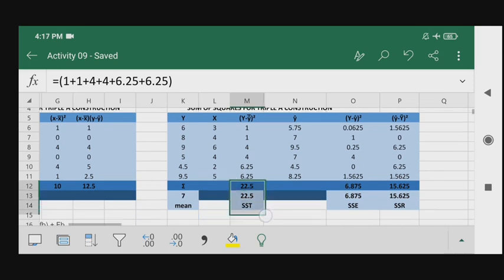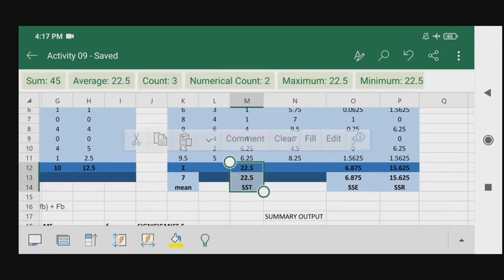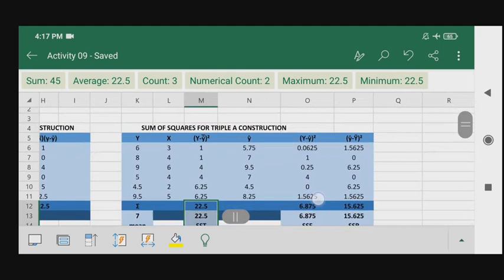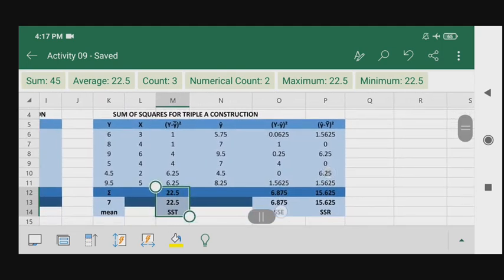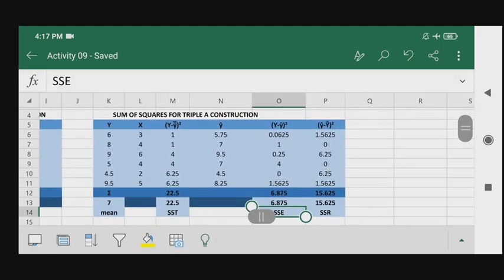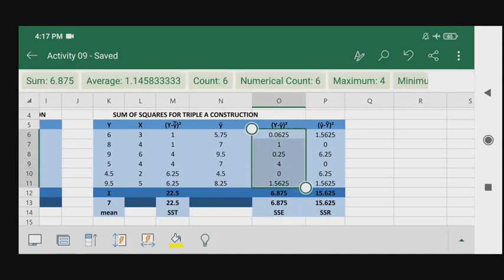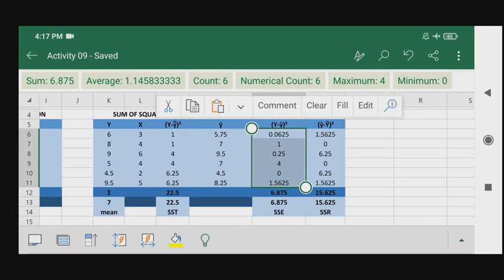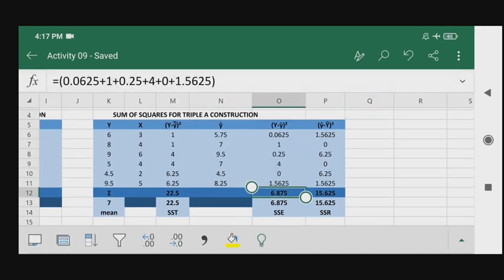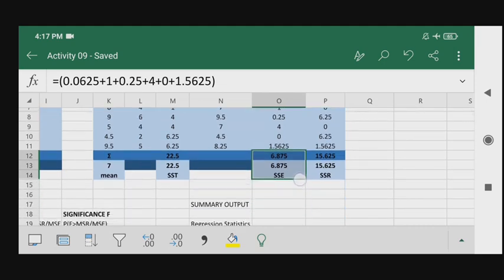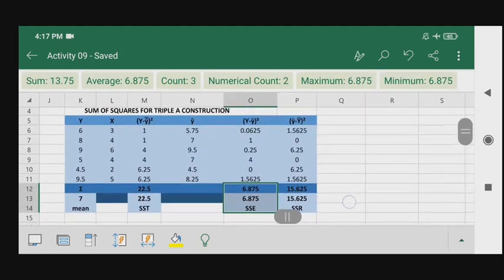So this is the sum of square total. Here we need to get the sum of square error. To get the sum of square error, all we need to do is add these, and we get 6.875. So this is the sum of square error.